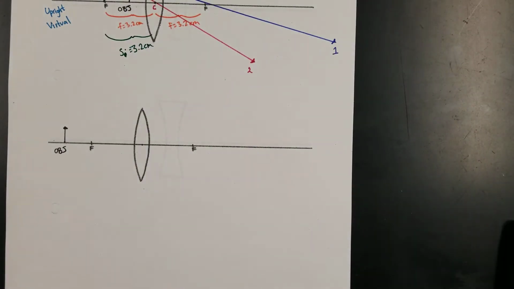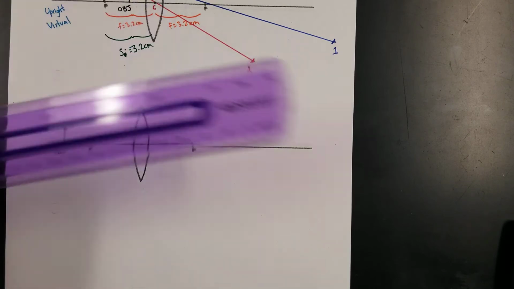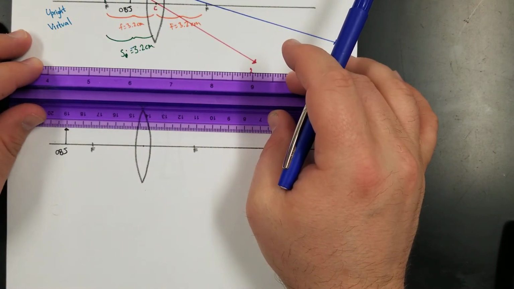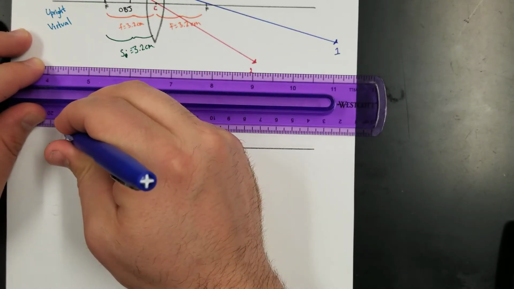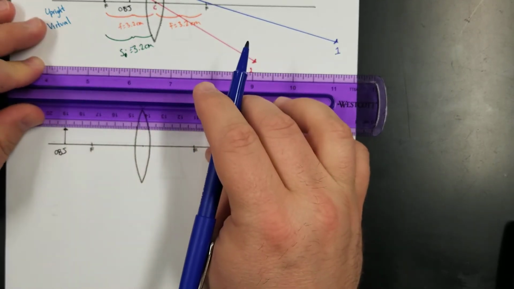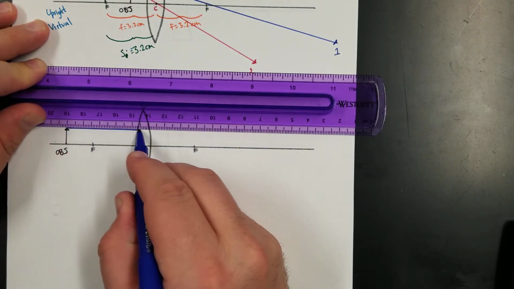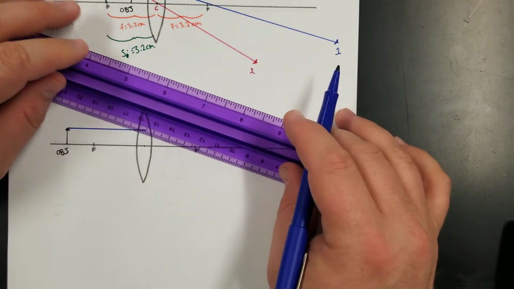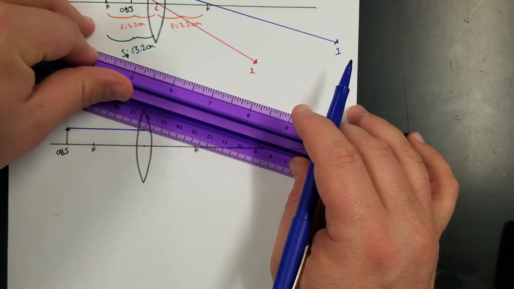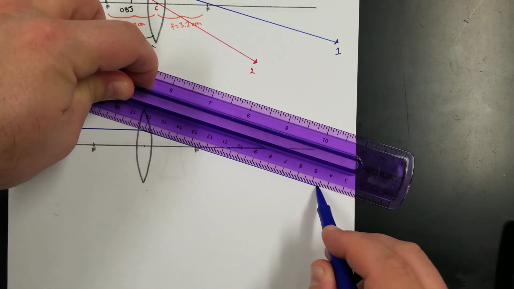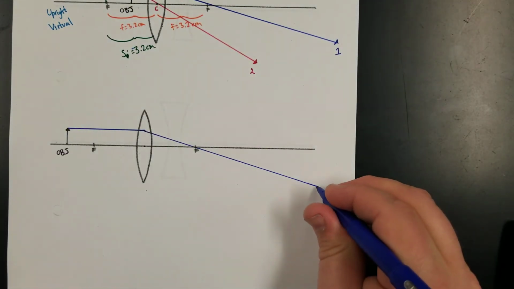And we're going to draw 2 rays to locate and describe the image formed. The first one we can do is just starting parallel to the principal axis to the center of the lens, and then that refracts through the focus just like that.